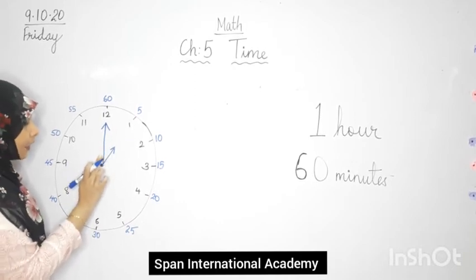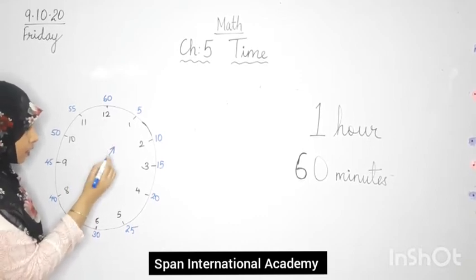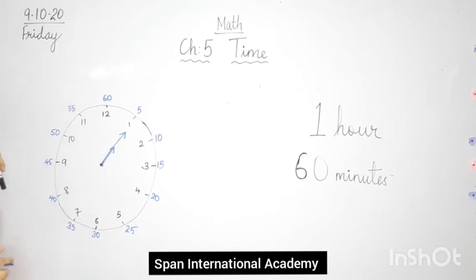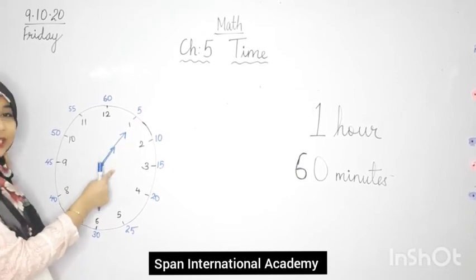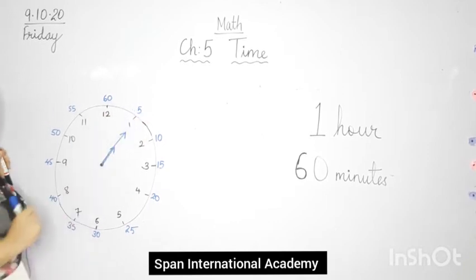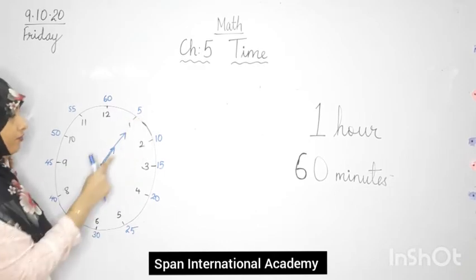The minute hand, we start moving. Okay? We bring the minute hand also on 1. So now how will we read this time? 1 hour, 5 minutes. What is the time now? 1 hour, 5 minutes.